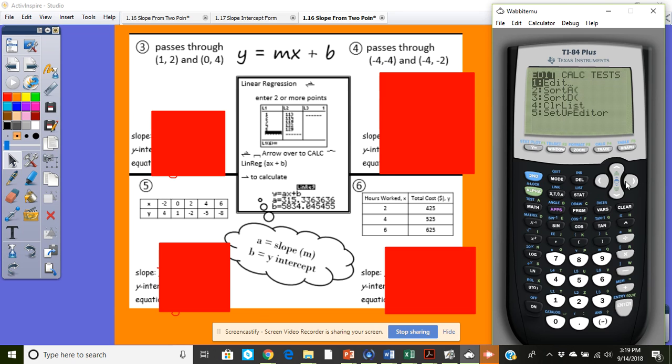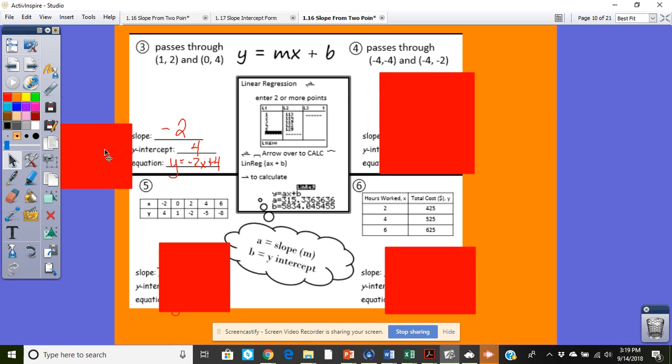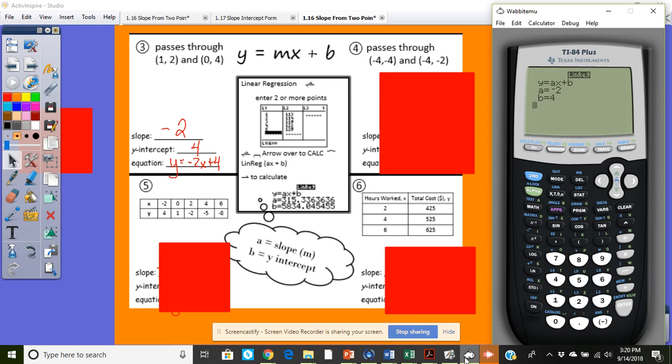And then Stat, over to Calculate, 4, and then down to Calculate. And we get a slope of -2 and a y-intercept of 4. So your equation is y equals -2x plus 4.